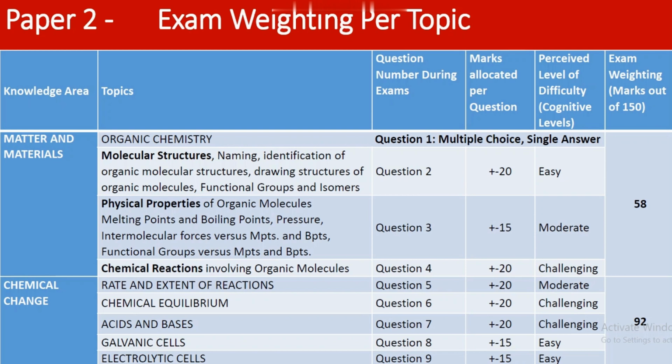Moving on from molecular structures, in question number 3, you'll be required to answer questions on physical properties of organic molecules. When we say physical properties, we're talking about melting points, boiling points, and vapour pressure. Those are the only 3 physical properties that you'll be required to explain in terms of intermolecular forces, the effect of intermolecular forces on melting points and boiling points, as well as the effect of functional groups on melting points and boiling points.